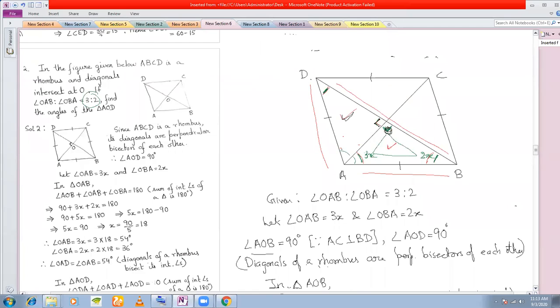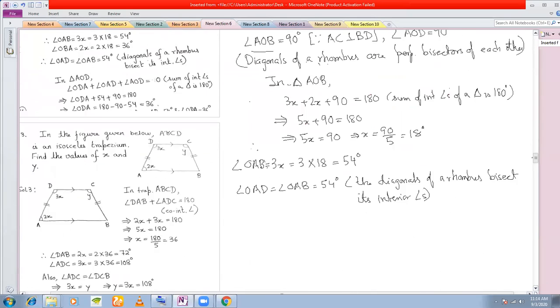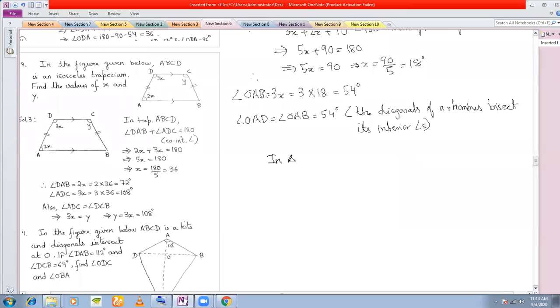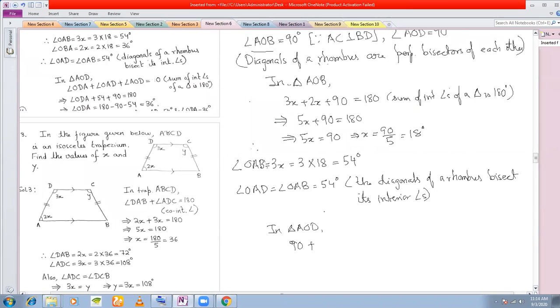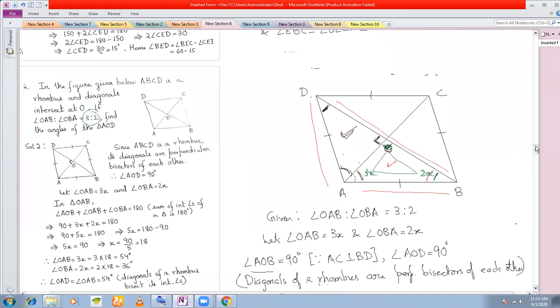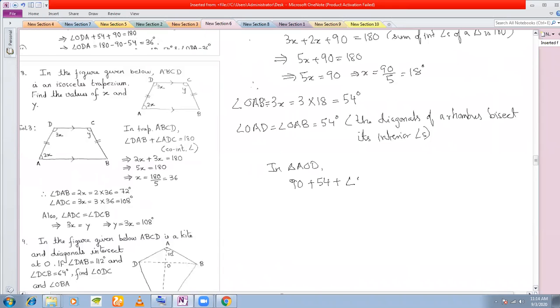What two angles? This 90-degree angle and this angle. So only this angle is left. Let us use this triangle. So we write in triangle AOD, 90 degrees plus this angle, which we have already calculated to be 54, plus the third angle, angle ADO, is equal to 180.